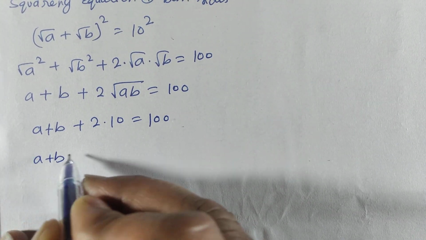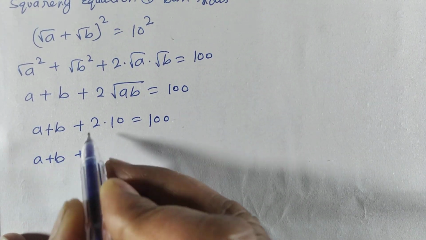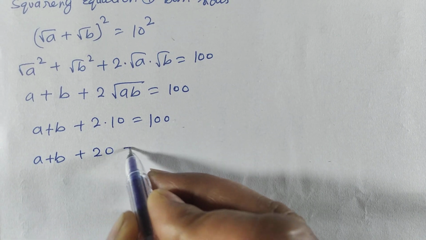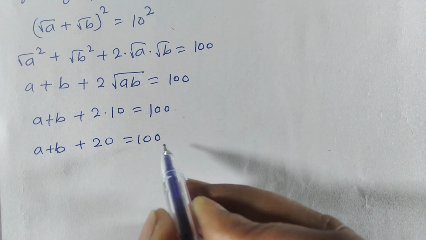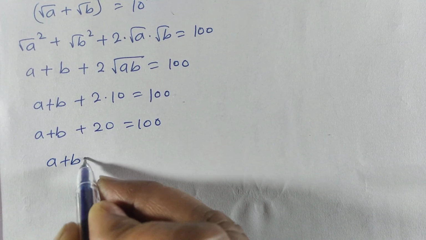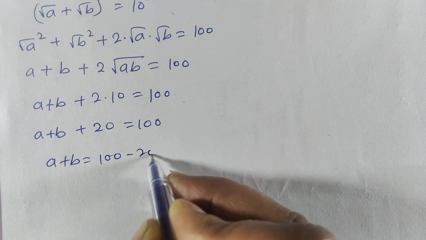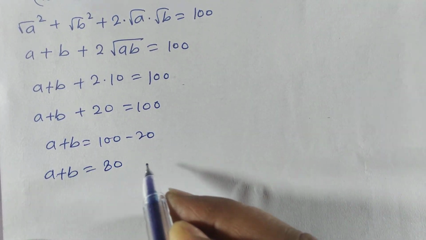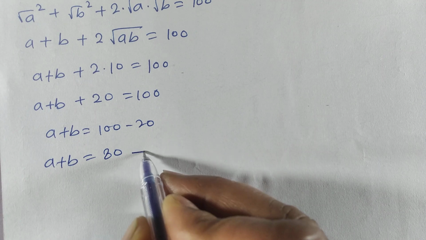A plus b plus 20 is equal to 100. Moving 20 to the right side, a plus b is equal to 100 minus 20, so a plus b is equal to 80. This is equation number 3.